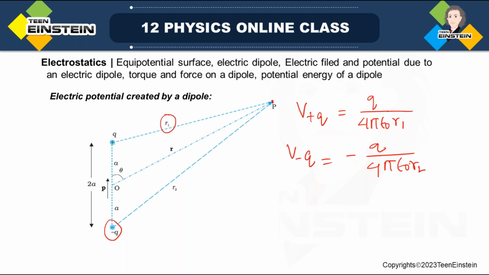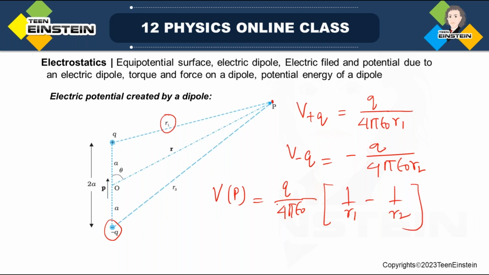Now what will be the net potential at this position? There will be addition. So the net potential at P will be Q by 4 pi epsilon naught times 1 by R1 minus 1 by R2. Other things are the same. Now we have to see what is this R1 and R2.